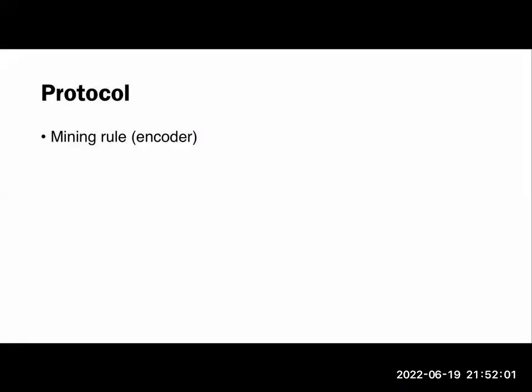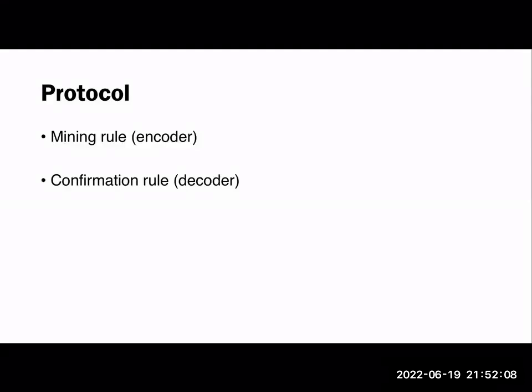All right, so first, the protocol. The protocol works like this. It has two parts. One, it has a mining rule, which for a communication person, you can think of as the encoder. And two, it has a confirmation rule. As a communication person, you can think of this as a decoder.